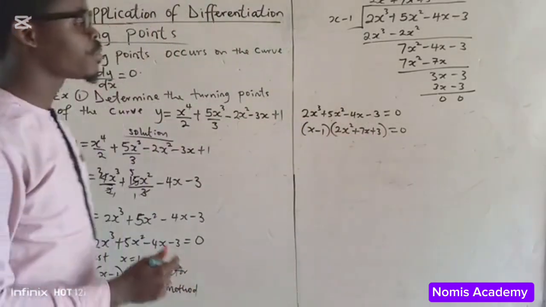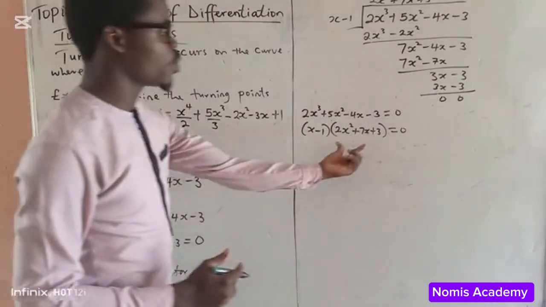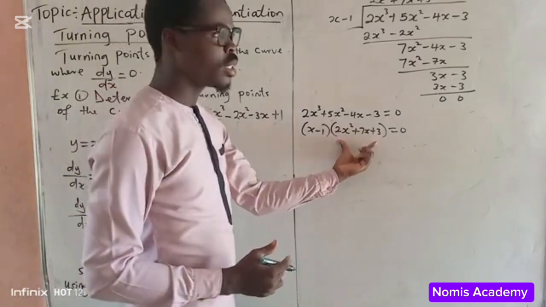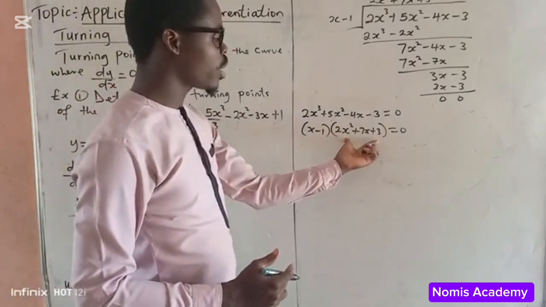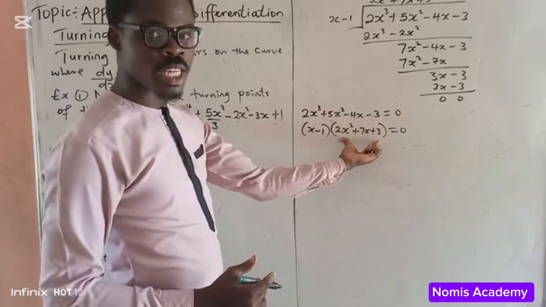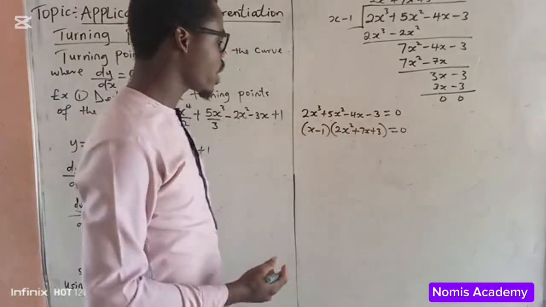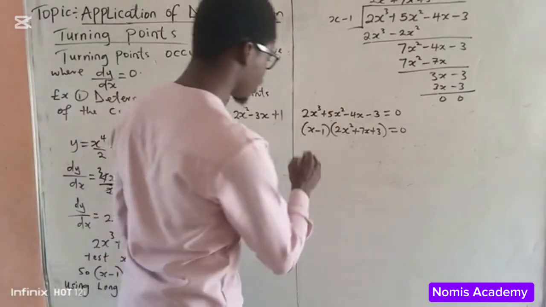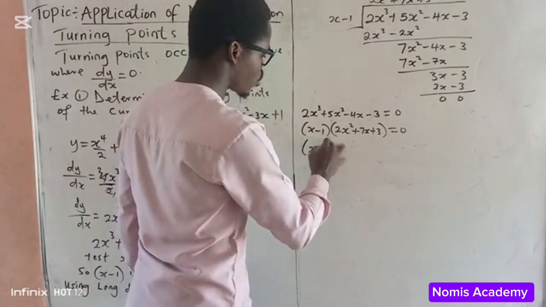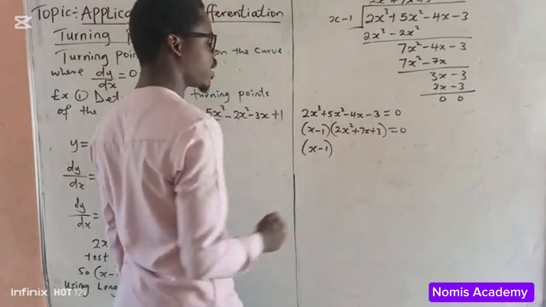Now we have a quadratic expression as a factor, then we need to solve the quadratic expression using the factorization method. So let's proceed. We have x minus 1. Let's factorize.